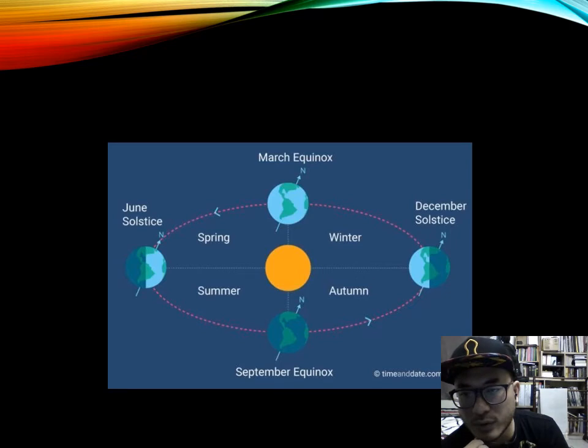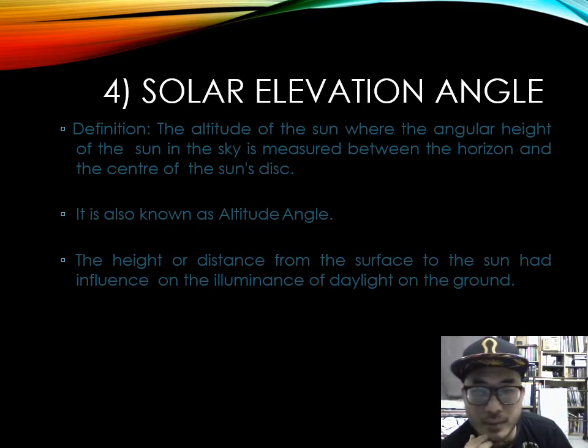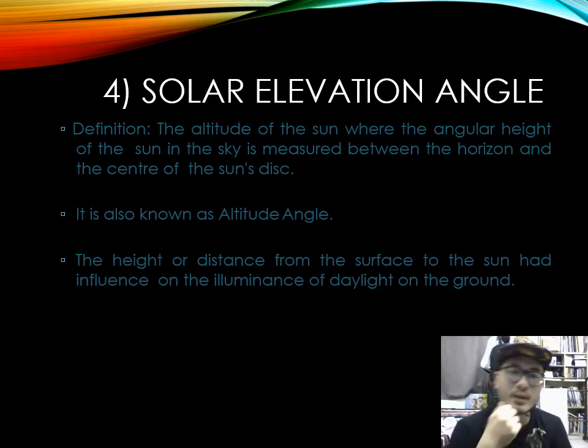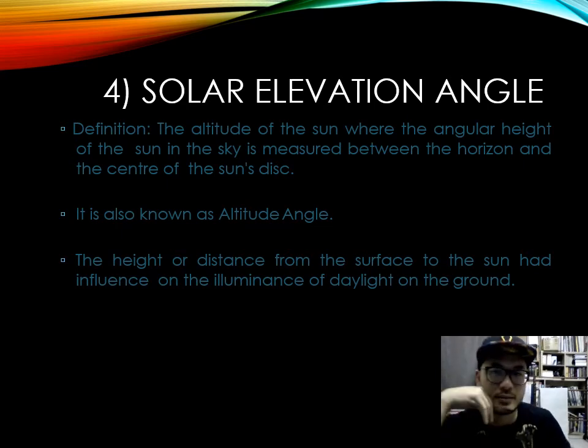Okay, let's move on. Number 4, the factor for the daylight, which is the solar elevation angle. The definition: the altitude of the sun, where the angular height of the sun in the sky is measured between the horizon and the center of the sun's disk.